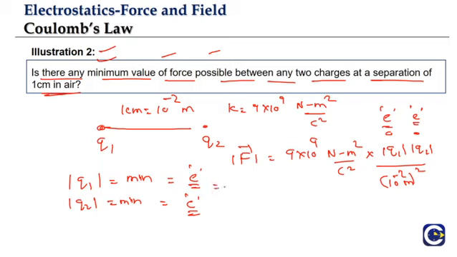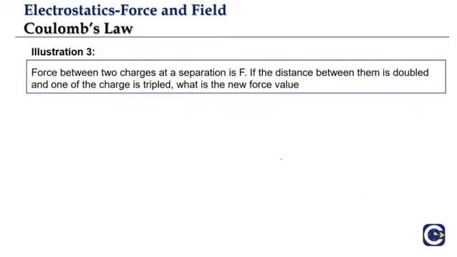So e value is basic charge, which is 1.6 into 10 power minus 19 coulombs. So yes, correct. We will have a minimum value for the force that is possible between two charges at a fixed separation. Here we are taking the fixed separation to be 1 centimeter. And this is happening because of the property of the charge, which is quantization of the charge.